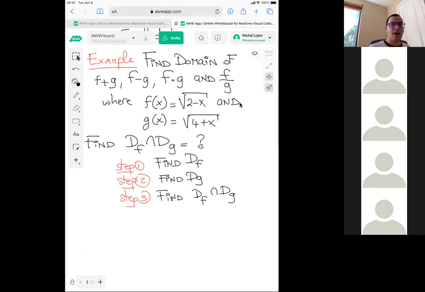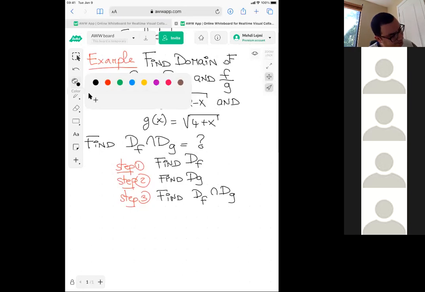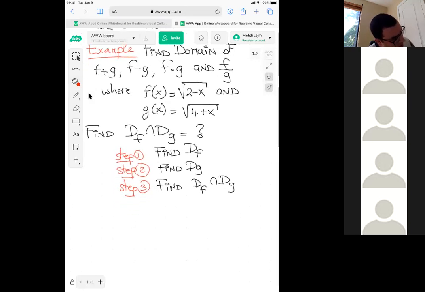Of course, guys, if you have any questions, please feel free to interrupt me. So step 1. We're going to start with f. My f of x is the square root of 2 minus x. Remember, if you want to find the domain of a function, there are two things you have to do.